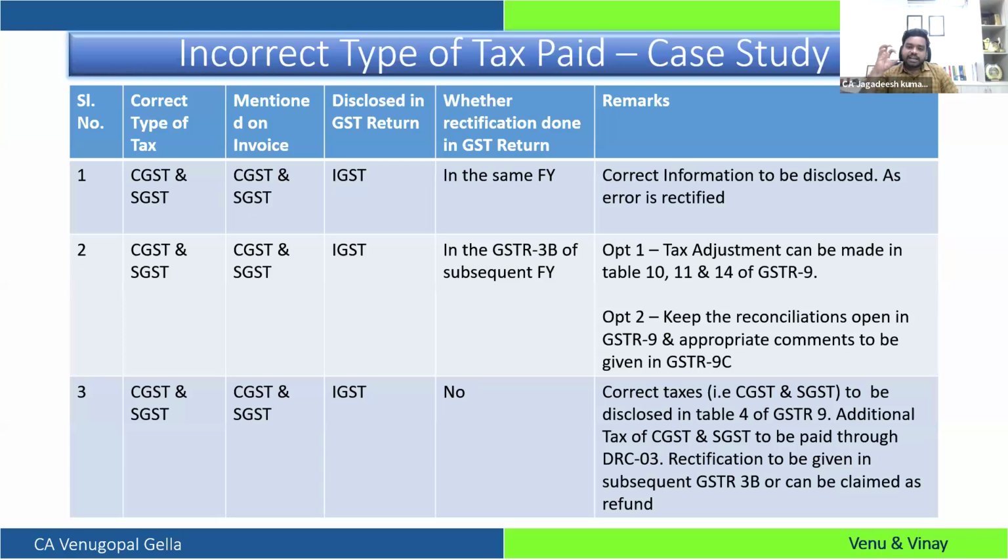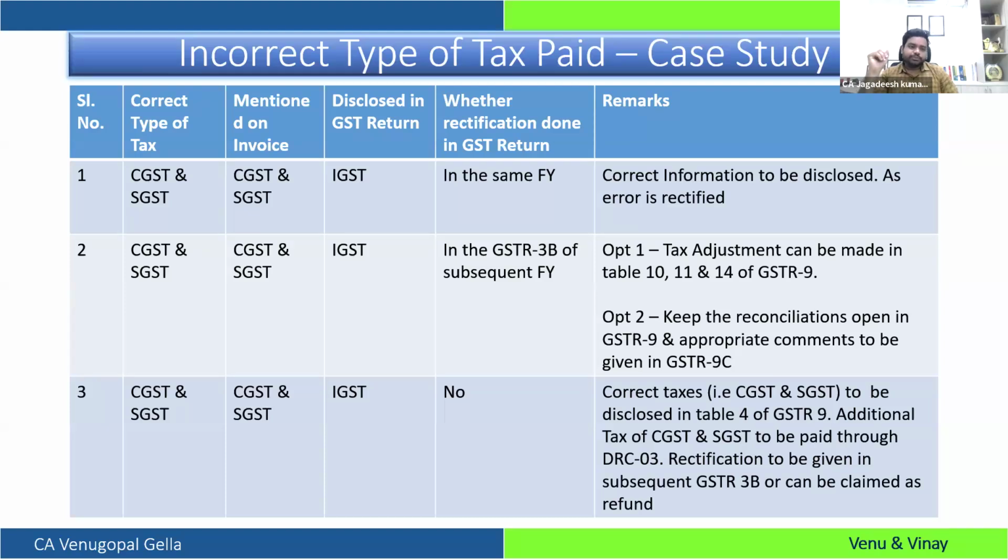Let's say I committed the mistake in 23-24 and corrected it in the same year itself. In that case, I need not do anything. Whatever the auto-populated figures in the GSTR-9, I can return the same. Or else, instead of showing it separately in the amendments, you can adjust that in the table 4, in the actual supplies itself.